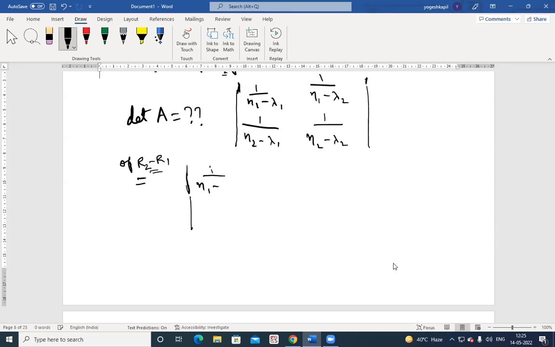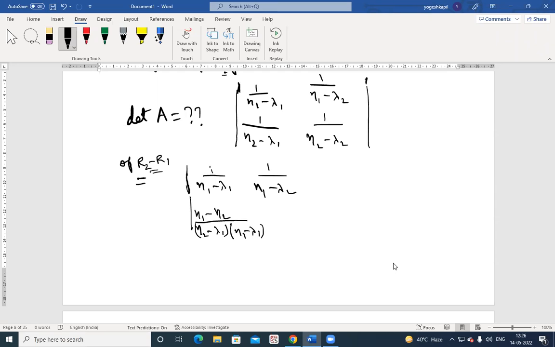Okay. 1 upon eta 1 minus lambda 2. Here, what entry would I get after subtraction? This entry would be, lambda 1 would be cancelled, so this is eta 1 minus eta 2 upon eta 2 minus lambda 1 into eta 1 minus lambda 1. Is it so?